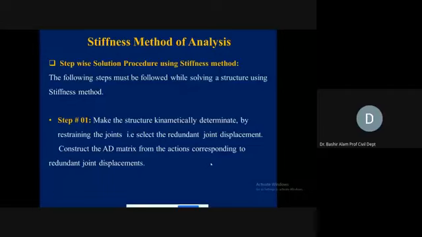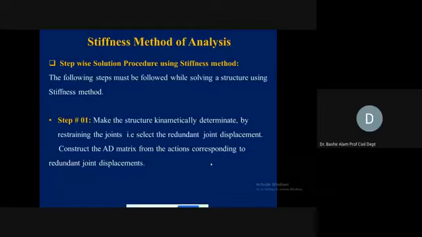Now, by restraining the joints, we identify the redundant joint displacements and restrain them, and the structure obtained is known as the restrained structure, which is the basic kinematically determinate structure.